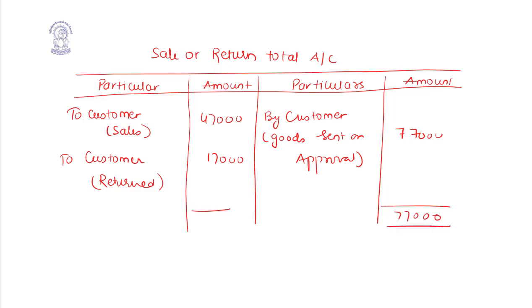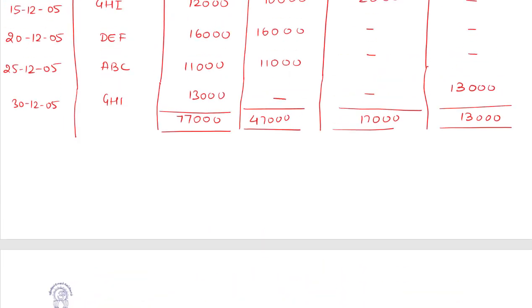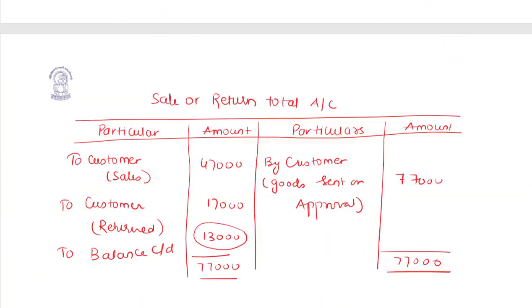The total is 77,000, minus these two figures, 47,000 and 17,000, to balance carried down, 13,000. This is the balance, last column. I believe you understood this.